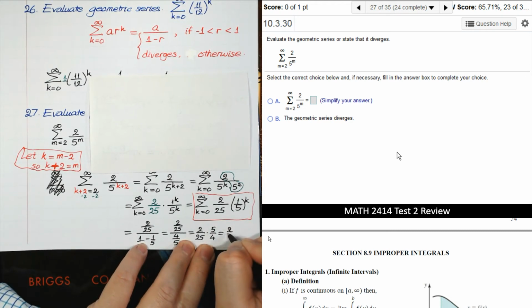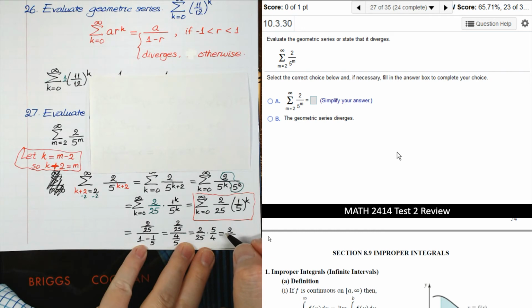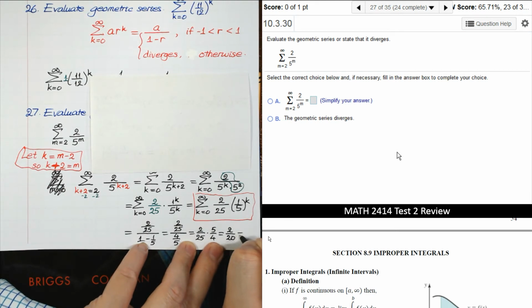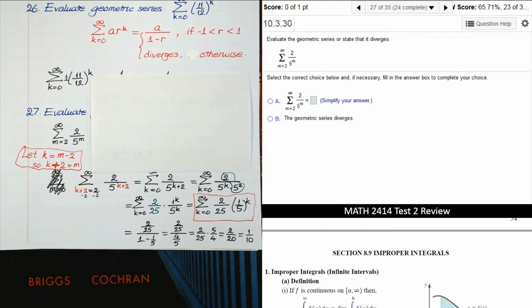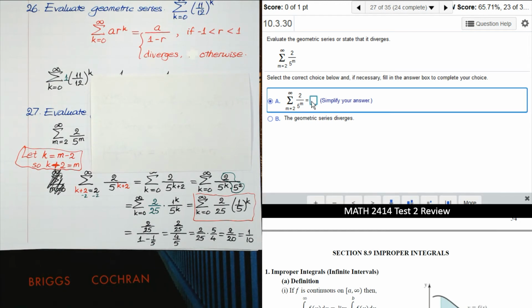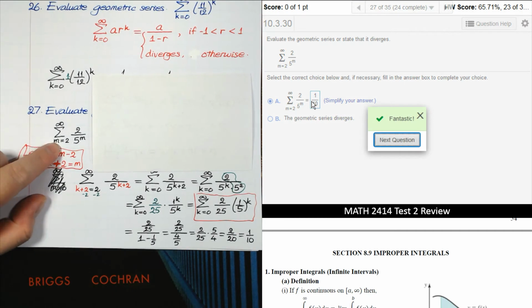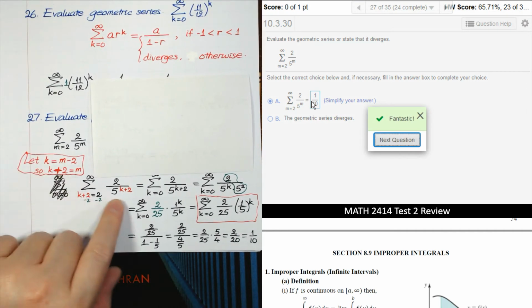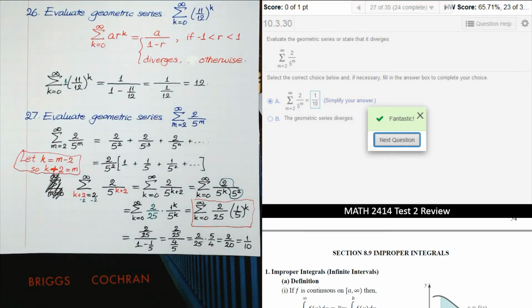We have 2 over 5 times... 5, 25 cancel, 2 over 20, which is 1/10. Right. So when we don't have the series start from 0, make the change so that it will start from 0, and we can use the formula easily.